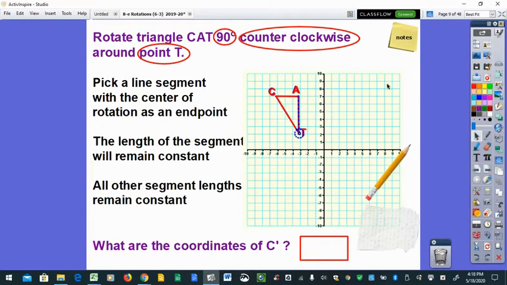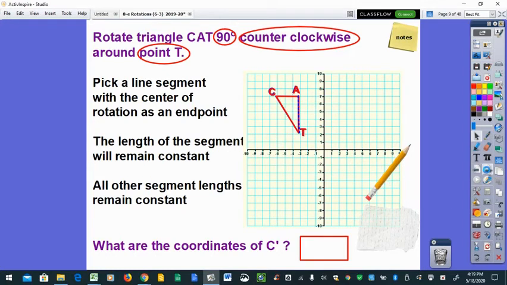I'm going to go counterclockwise, which is against the second hand, so sweeping to the left, and I'm going to do a quarter turn. If A was straight above T, it's going to be to the left of T, and you will see the right angle form there, right? You'll see that right angle form.